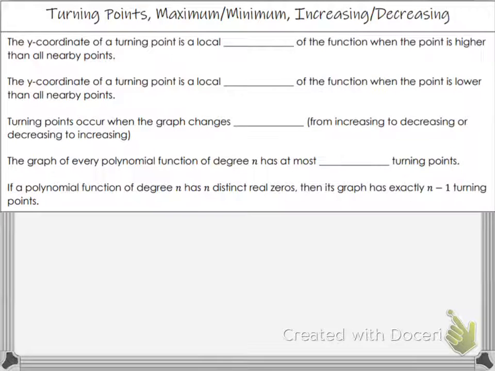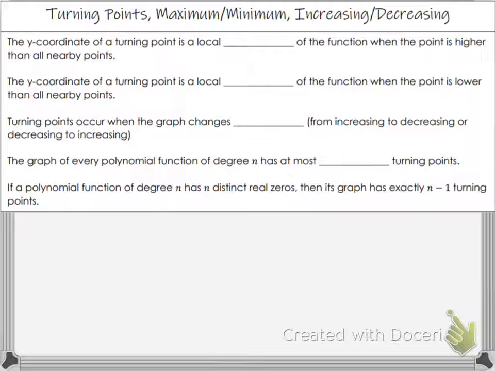Okay. These definitions right here come straight from your book. Talking about turning points, maximums, minimums, increasing and decreasing. The y-coordinate of a turning point is a local blank of the function when the point is higher than all nearby points.